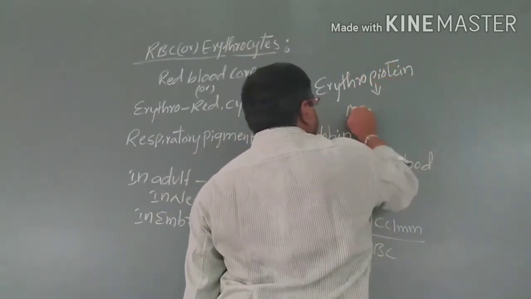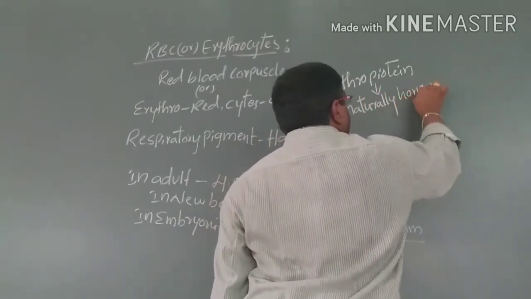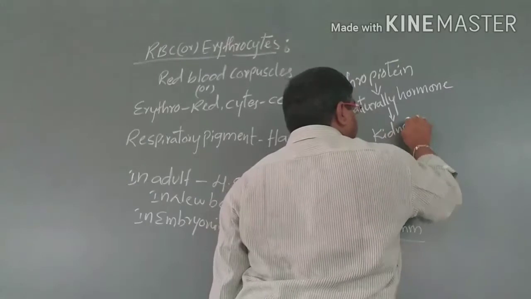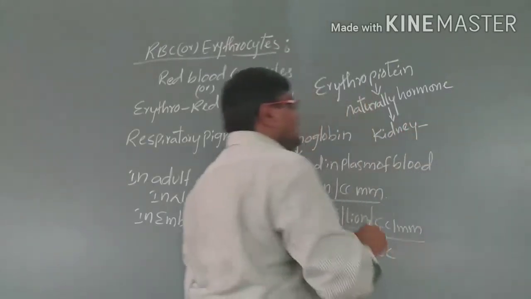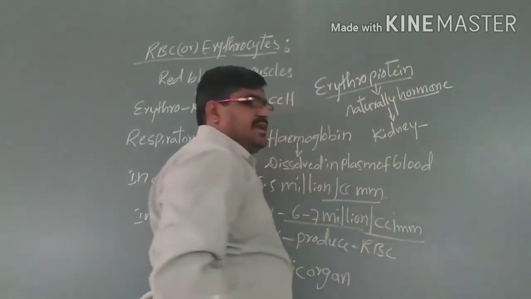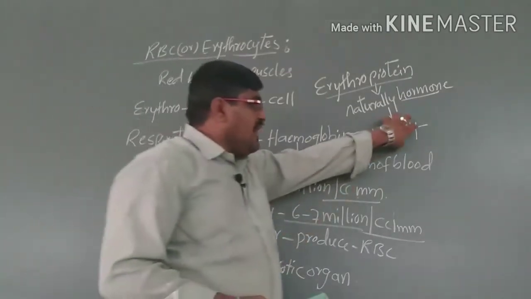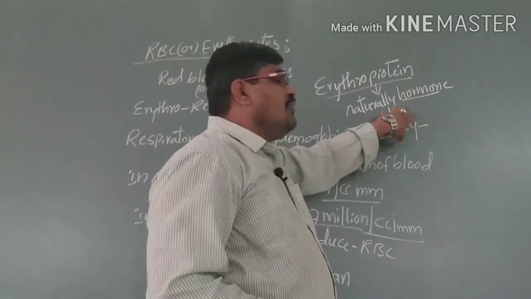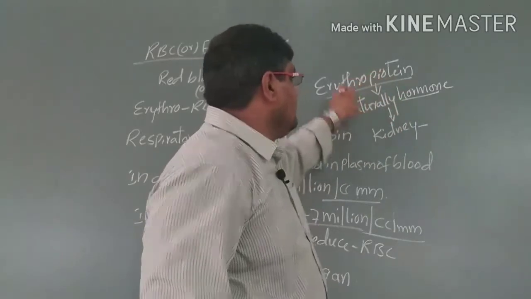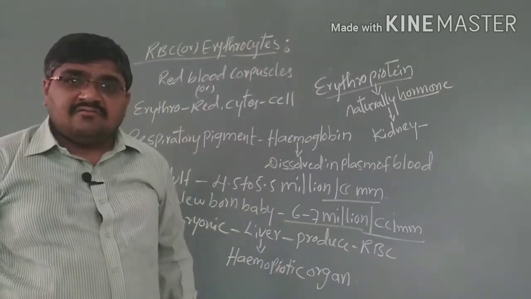It is a naturally produced hormone which helps synthesize the blood, and it is produced by the kidneys. The kidney acts as a hemopoietic organ too, synthesizing the blood with the help of the hormone erythropoietin, whenever required.